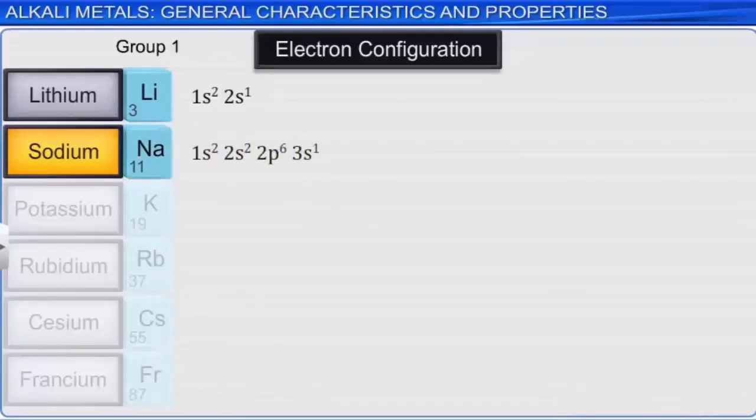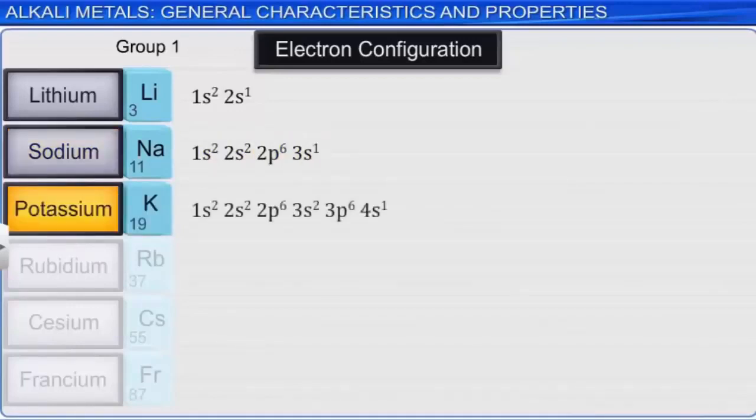The number of electrons in neon is 10. So instead of 1s2, 2s2, 2p6, you can write neon's electronic configuration in bracket, then 3s1.